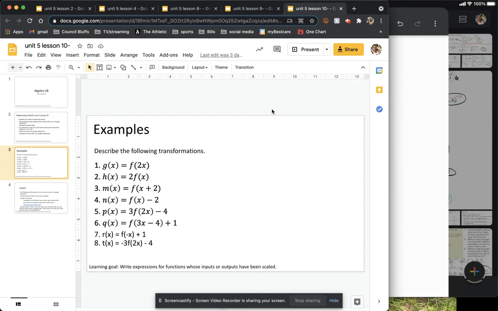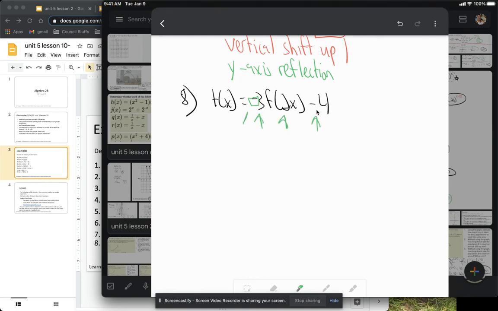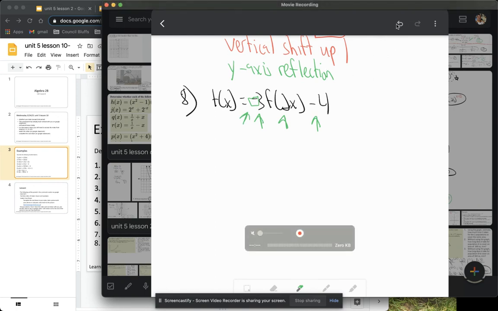So there's 4 different transformations going on here. Let's start from the left here. Let's first do this negative outside the parentheses. So again, there's 4: 1, 2, 3, 4.